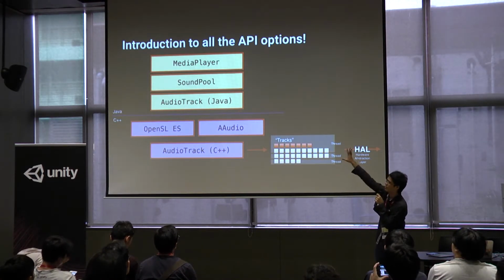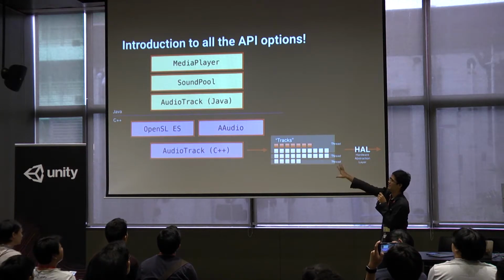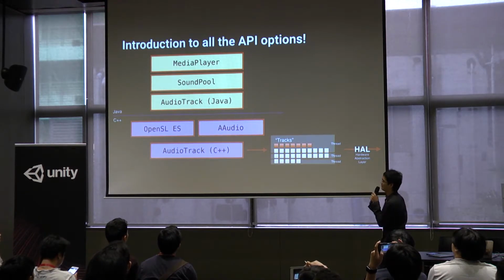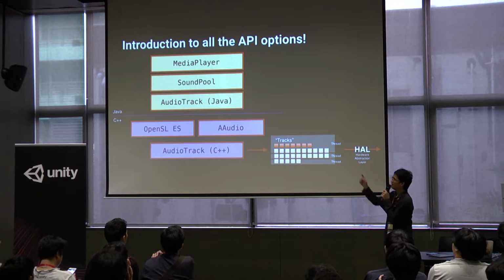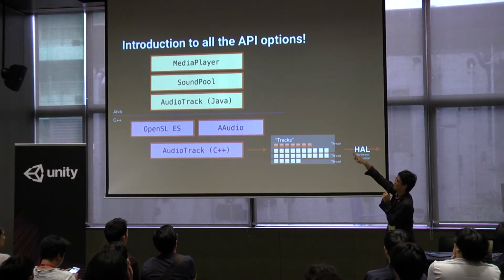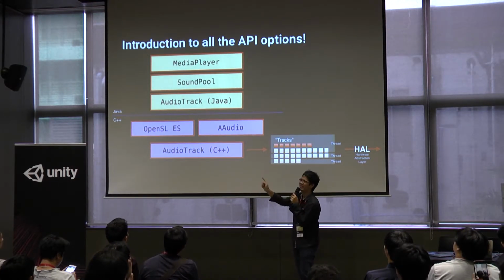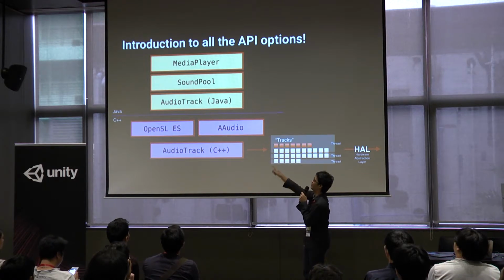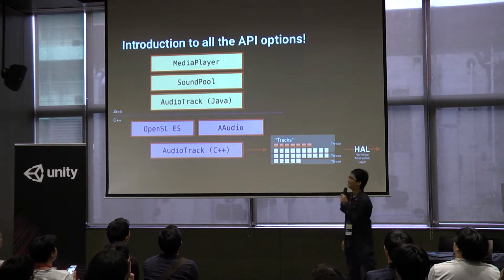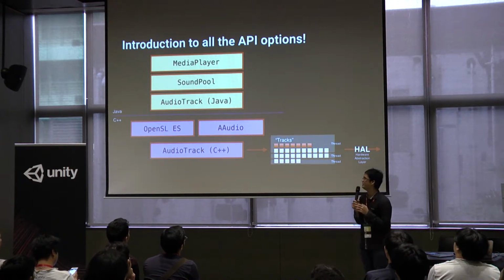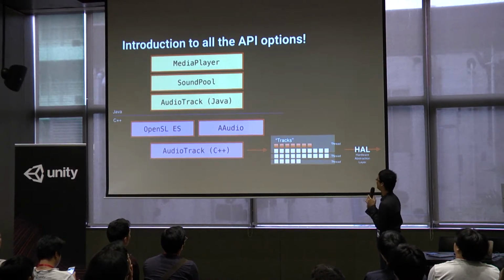The yellow box is in Java, but the purple box is in C++. So these are all the class names in yellow, class names in Java. Note that there are 2 audio tracks with the same name, but one is in C++ and one in Java. So I will say clearly which one when I talk about audio track.